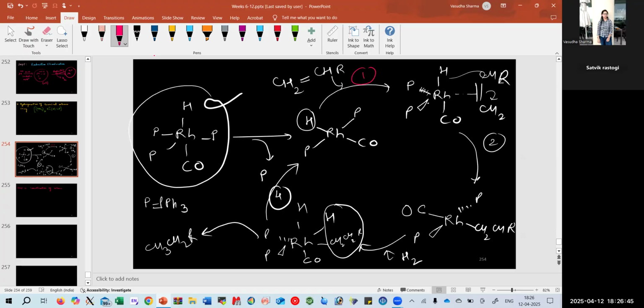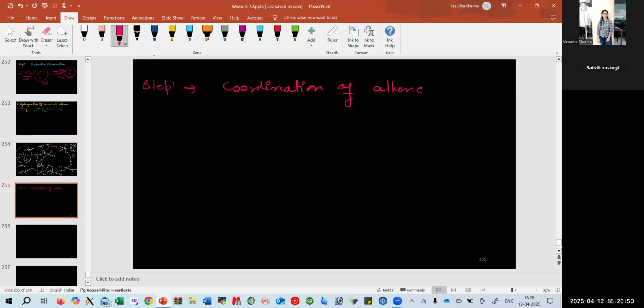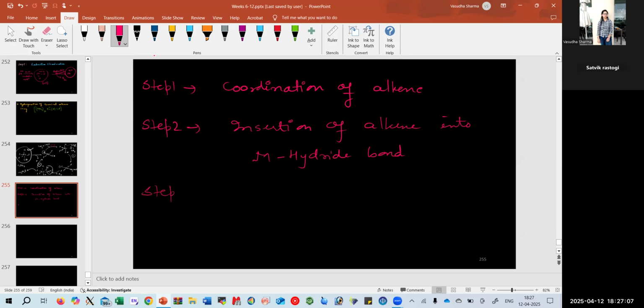The second step is the insertion of your alkene into the metal hydride bond, then oxidative addition of dihydrogen H2, and step number four was to have a reductive elimination.